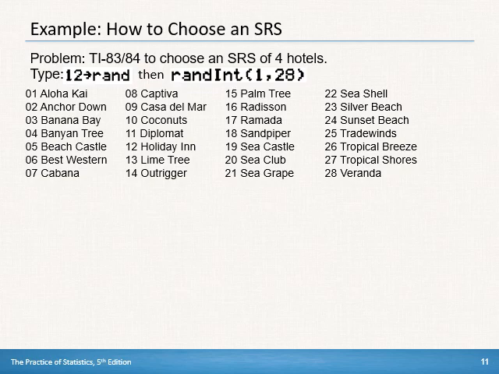You're going to hit 12, and then you're going to hit the store button, and that gives you a 12 and an arrow. Then hit the math button, kind of in the top left area of your calculator buttons, and go over to probabilities, which is the PRB. You'll notice that one of your options is RAND, which is the first option. So hit that. So on your home screen right now is 12 arrow RAND.